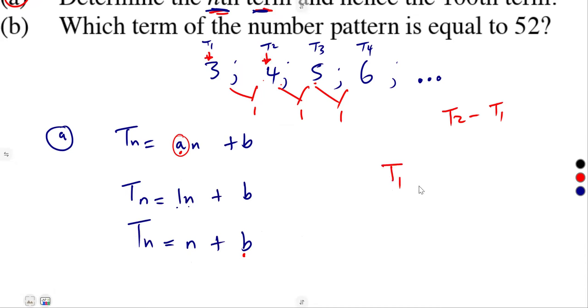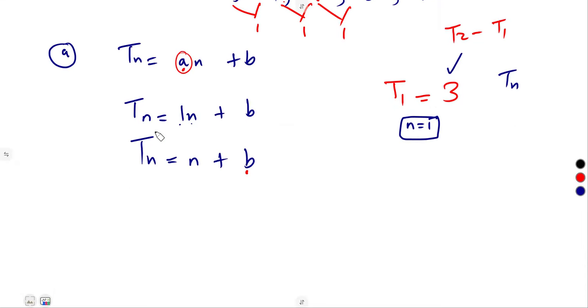Our T1 is equal to 3. What does it mean? It means when n is 1, remember it's Tn. If I substitute n as 1, the answer I'm going to get there is supposed to be 3. So we can substitute that directly: our Tn, which is T1, is 3.